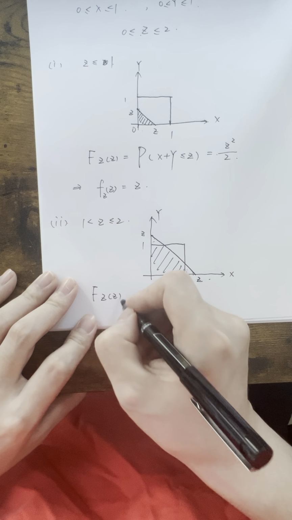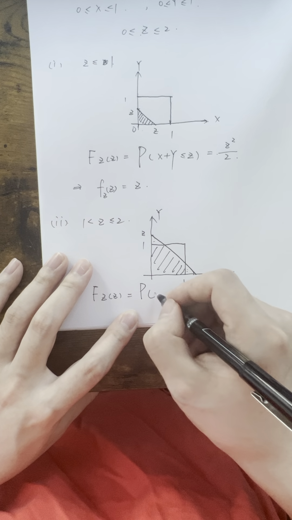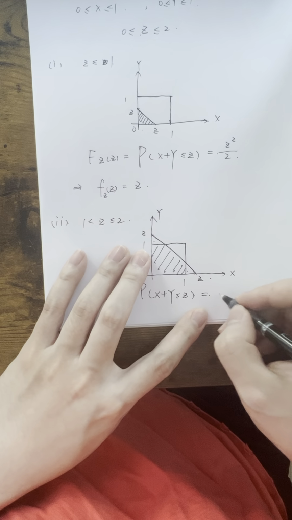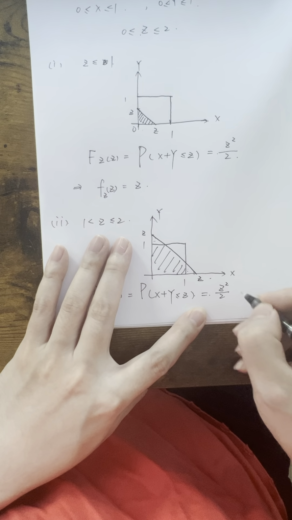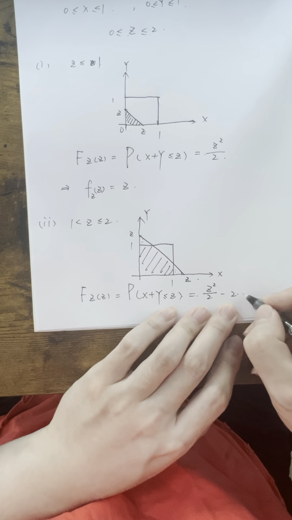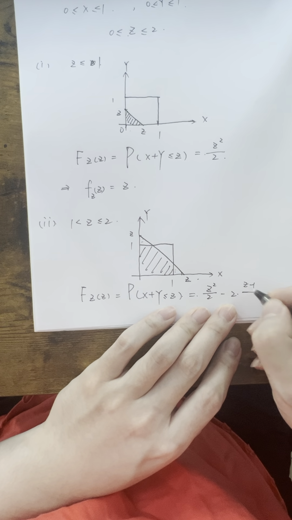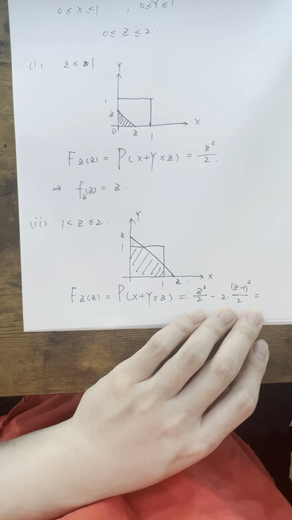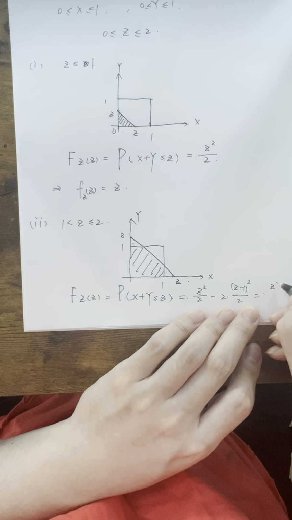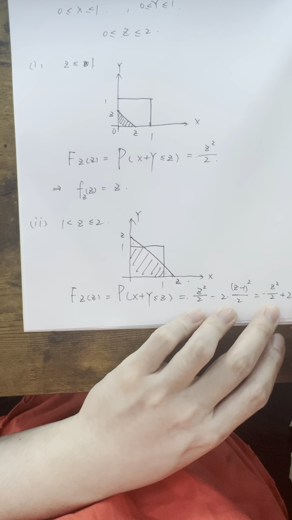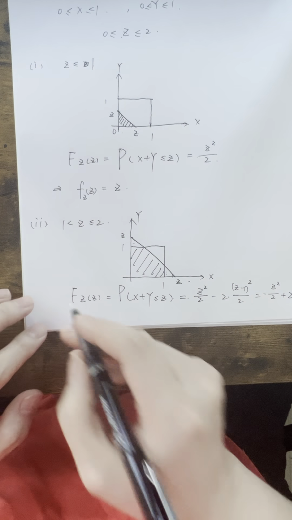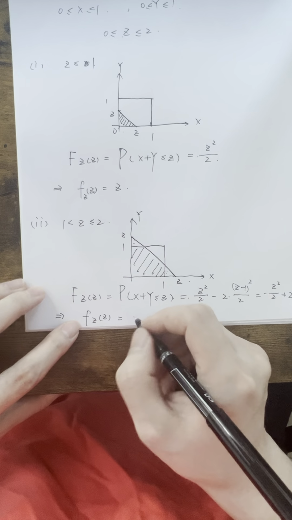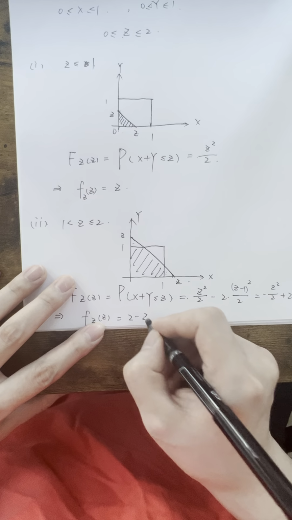So F_Z(z) is equal to z squared divided by 2 minus 2 times (z minus 1) squared divided by 2. Taking the derivative with respect to z, we find its density function is 2 minus z.